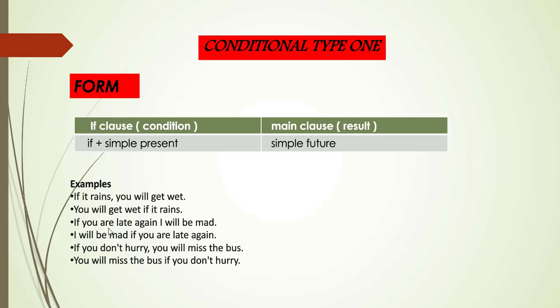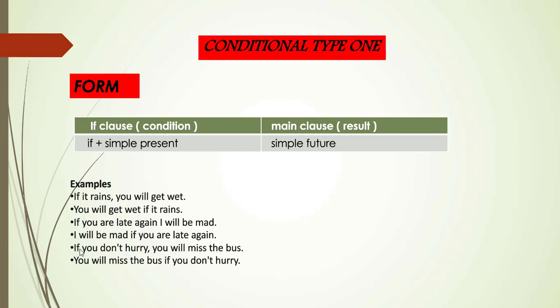So here we start with the main clause, then after that we have the if clause. The difference when we start with the if clause is the use of the comma. Here, with the if clause first, we have to use a comma.